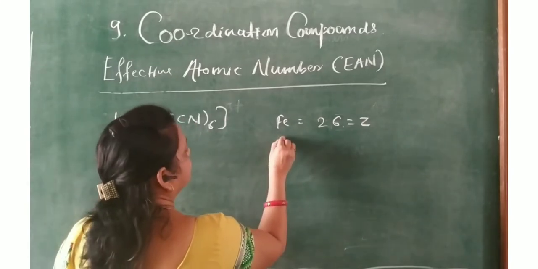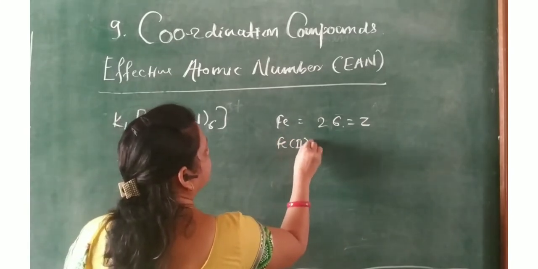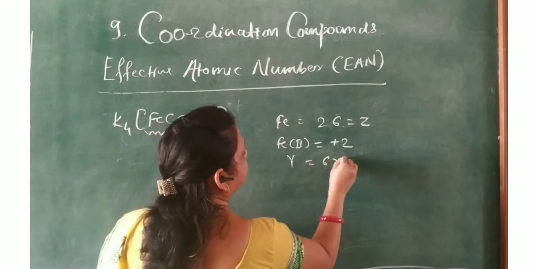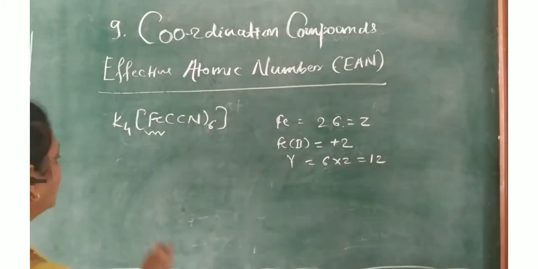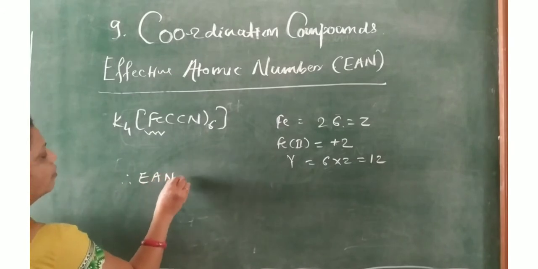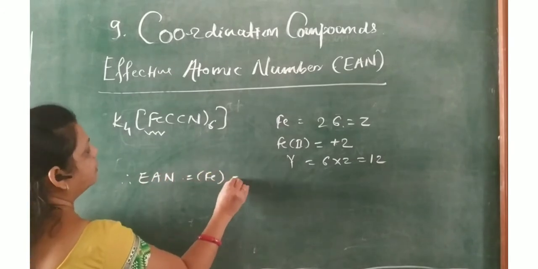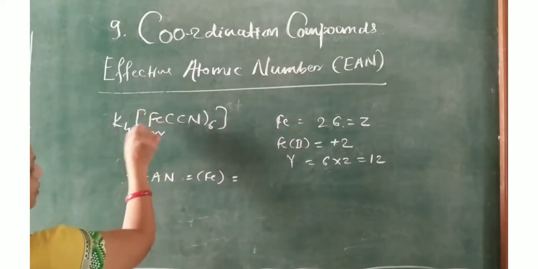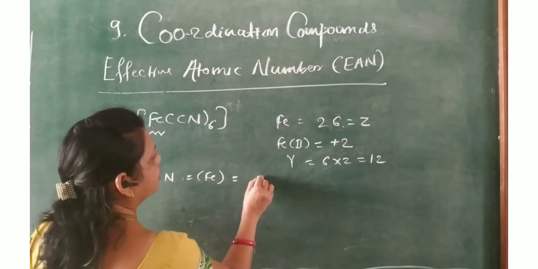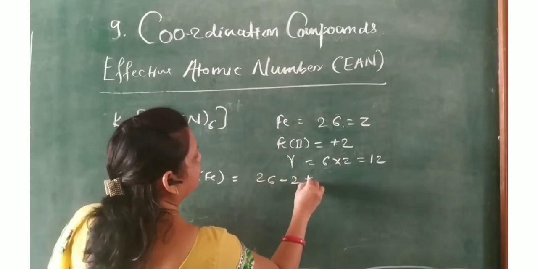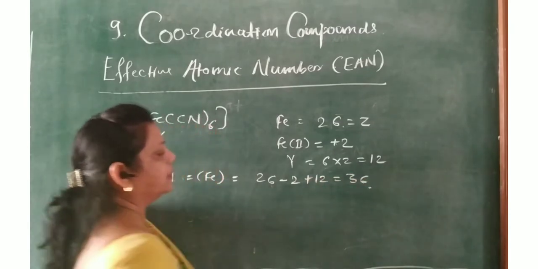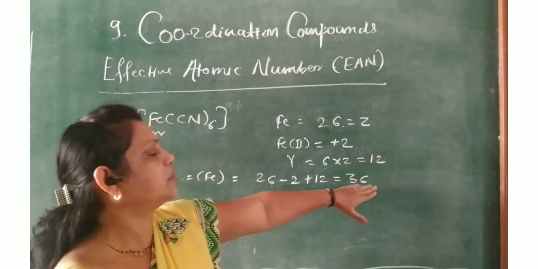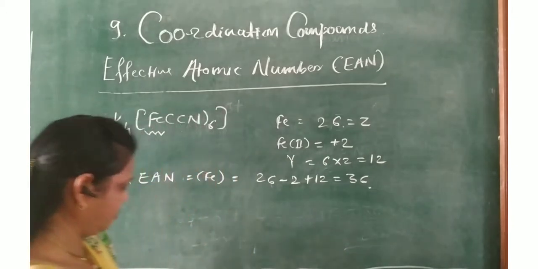Fe is in the plus 2 state, and there are 6 ligands, so Y is equal to 6 into 2, which is 12. Therefore the effective atomic number of Fe in this ferrocyanide, hexacyanoferrate, is 26 minus 2 plus 12, which is again 36, the number of electrons of the nearest noble gas element.